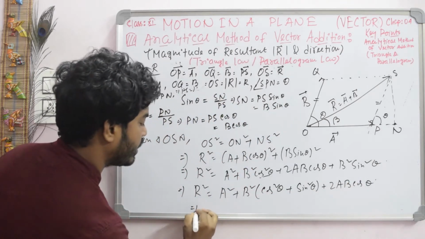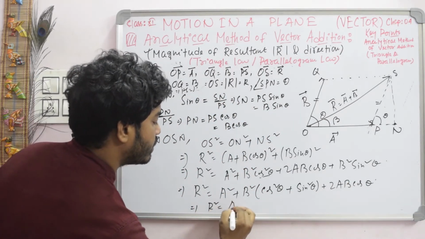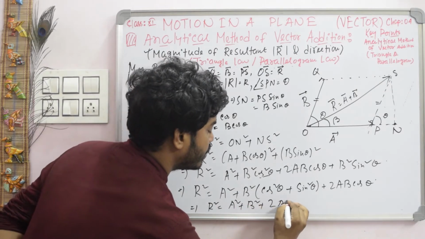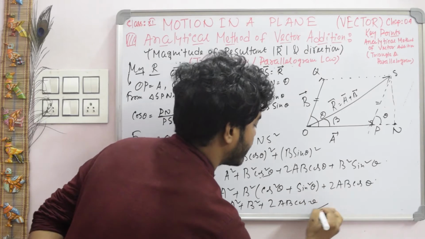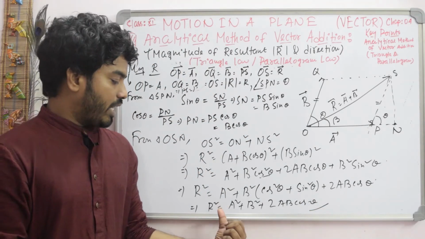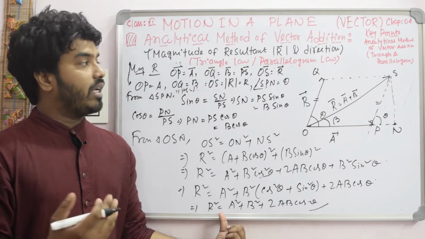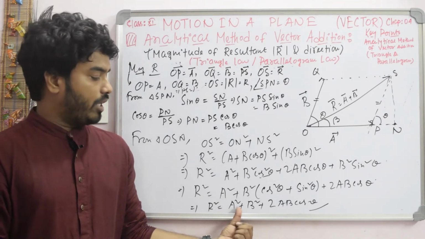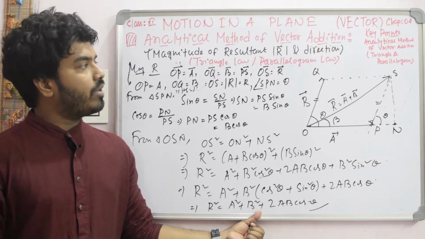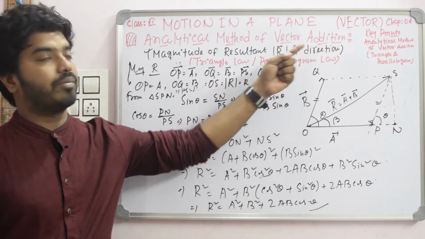So this equation becomes R squared is equal to A squared plus B squared plus 2AB cos theta. Same expression: using the triangle law, the expression becomes this one, and similarly using the parallelogram law, the equation becomes this one. Same expression. Okay.